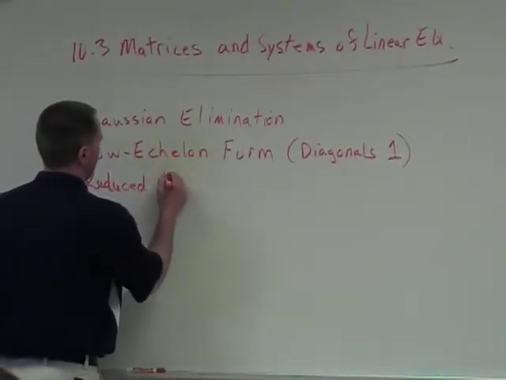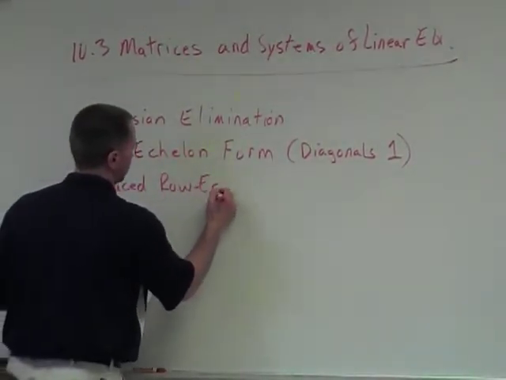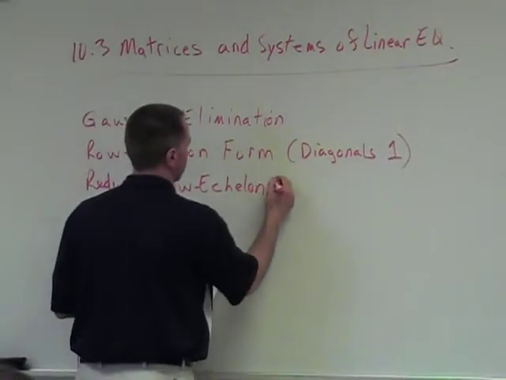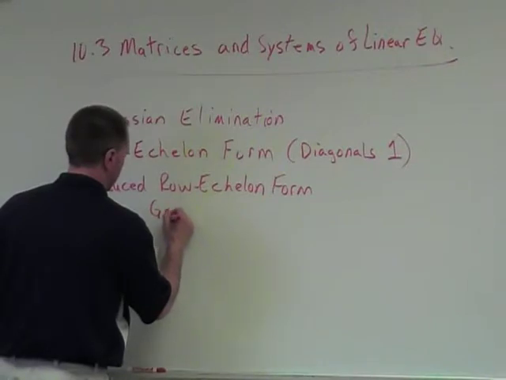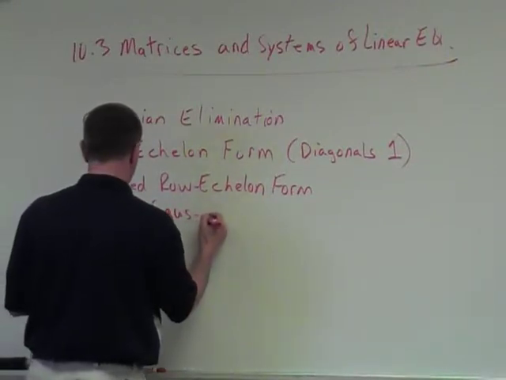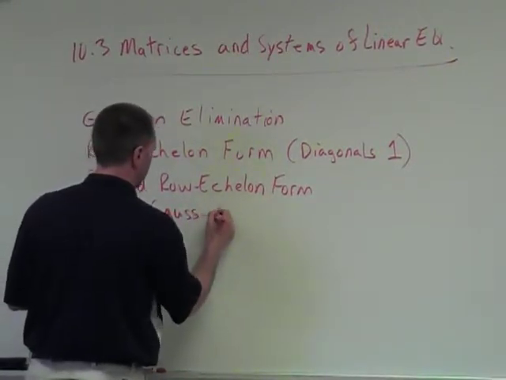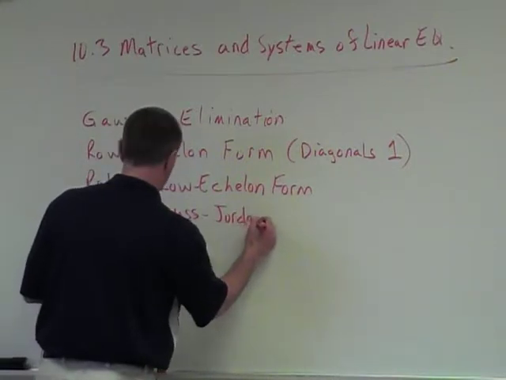Reduced row echelon form, which we call Gauss-Jordan Elimination.